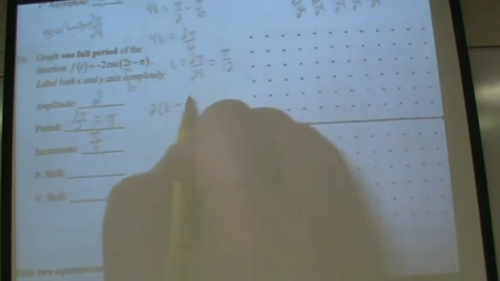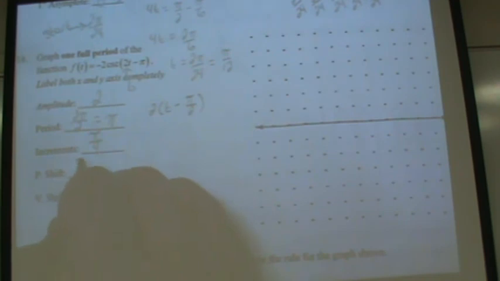To find our phase shift, we need to pull that B value out. So it's 2 times t minus pi over 2. So our phase shift is pi over 2. And it's a minus, so it's pi over 2 to the right.